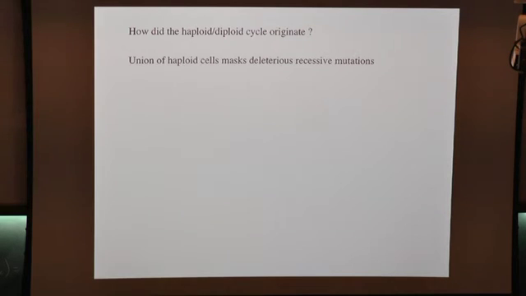So, suppose two organisms unite and get together. They go through syngamy to produce a diploid. Well, there'll be twice as many bad mutations, but they'll be at different genes, and this is crucial. And typically, deleterious mutations are recessive, and there's actually a long argument about why deleterious mutations should tend to be recessive.